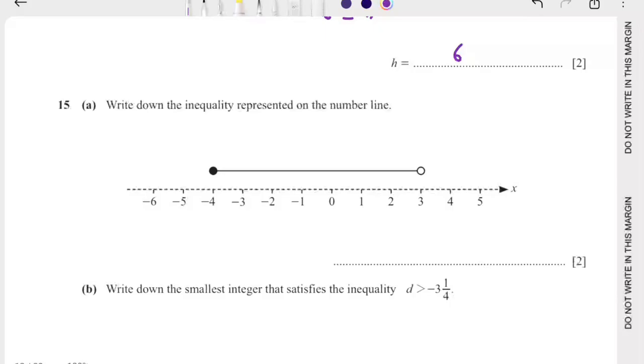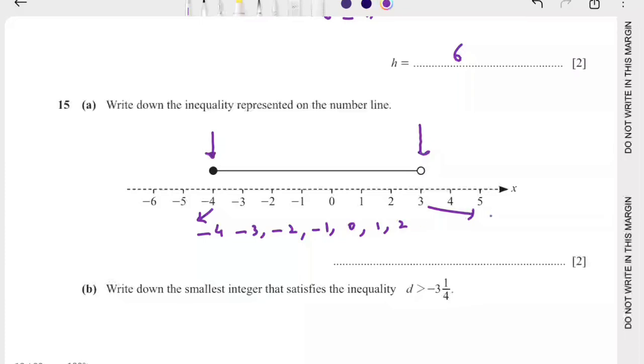Write down the inequality represented on the number line. Over here the closed dot shows that minus 4 is inclusive, then minus 3, minus 2, minus 1, 0, 1, 2, and the open dot shows that 3 will not be inclusive.